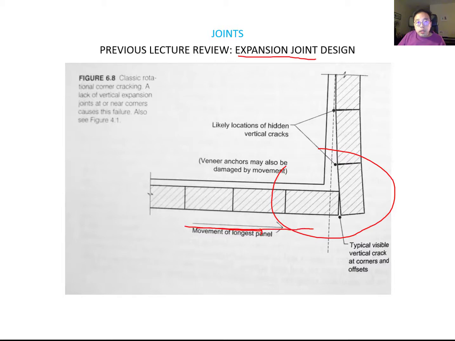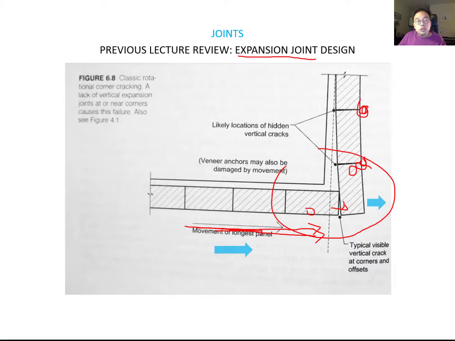When it expands, it keeps pushing this side. If this panel and that panel are too tight, they keep pushing, and when you keep pushing this side, you can find vertical cracking on this side. For this reason, you have to consider the expansion joint.